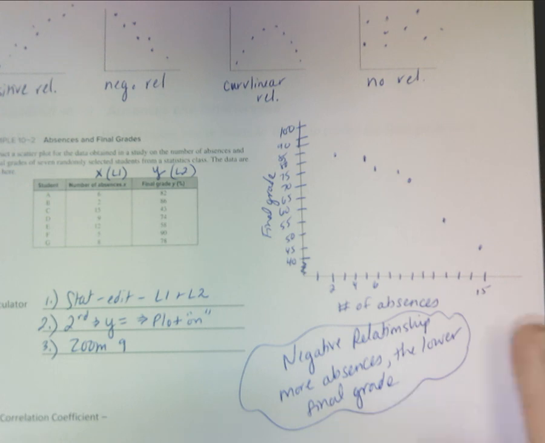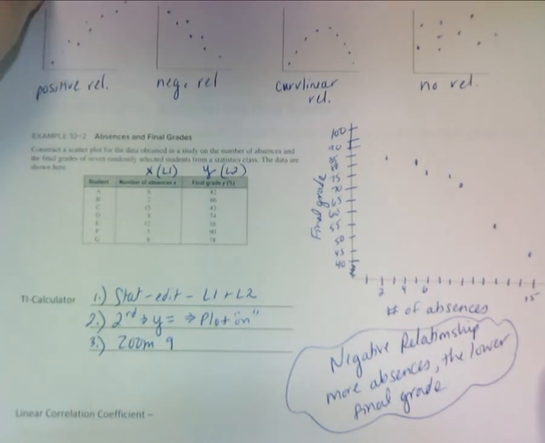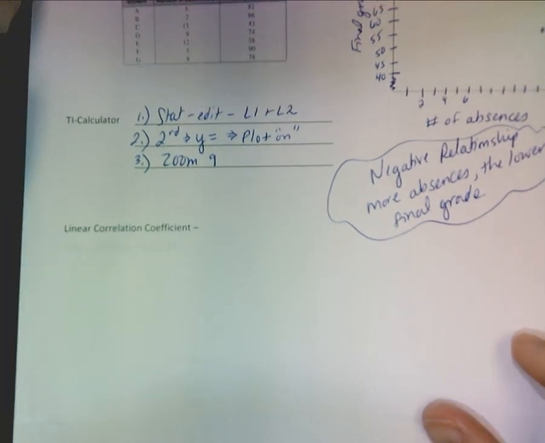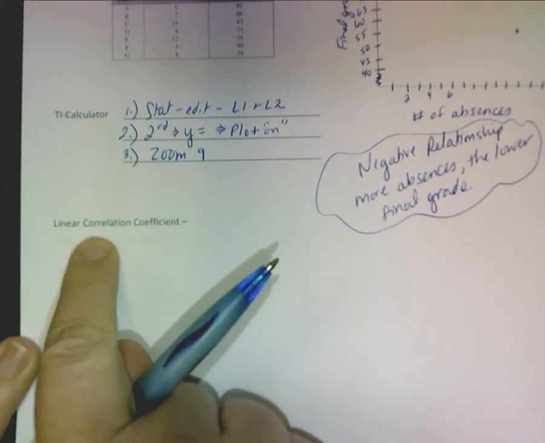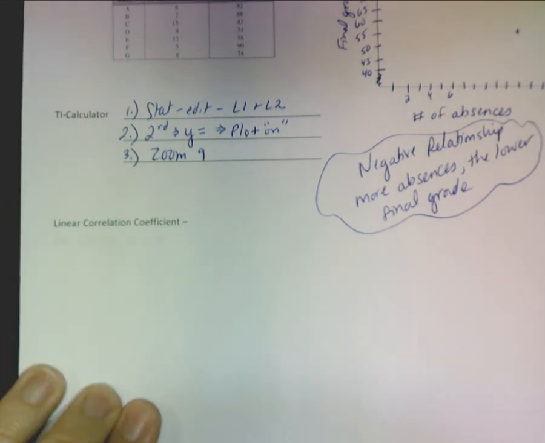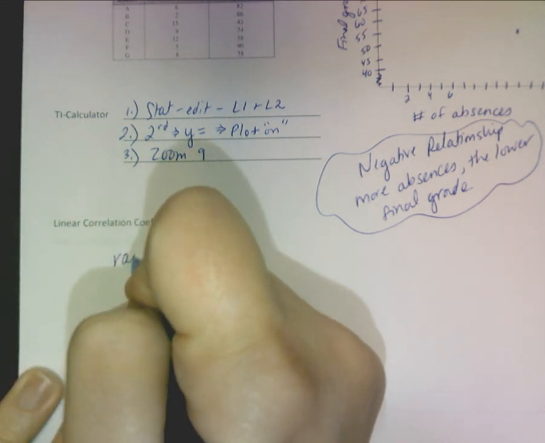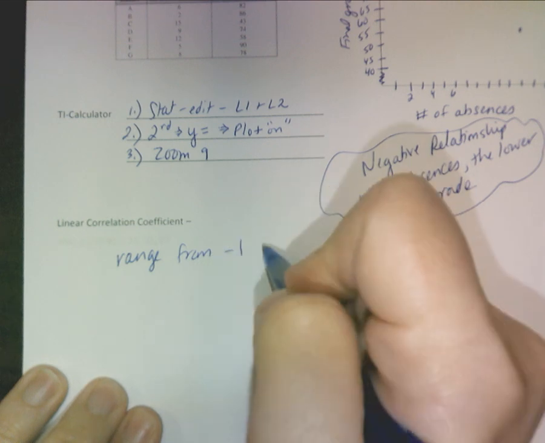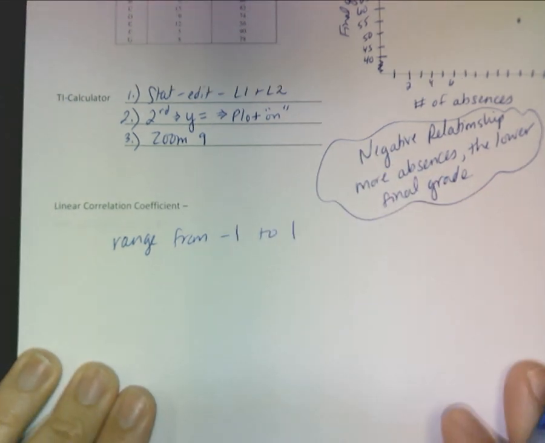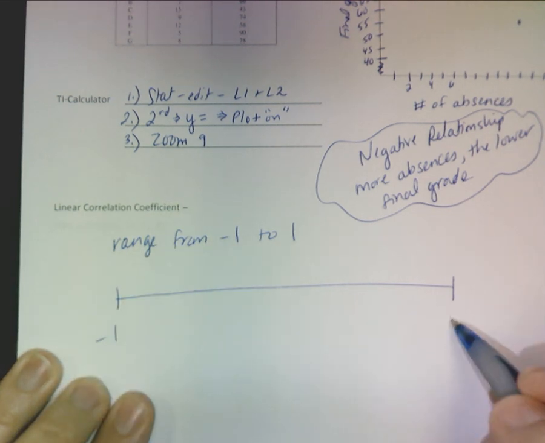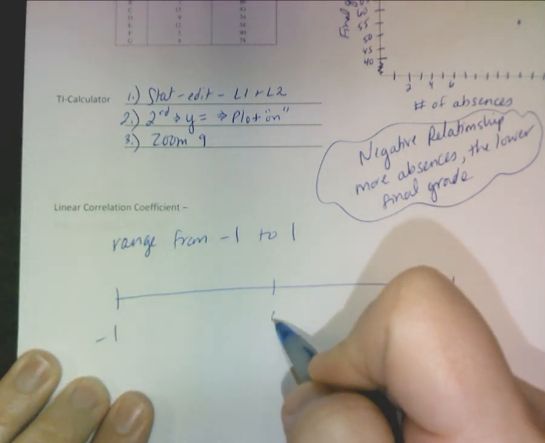Now, let's just talk about this correlation because we're going to find out that there's a special number that we want to look for. It's called the linear correlation coefficient. I'm going to show you how to get it on your calculator. There's a mathematical way of getting it, but we could just let our calculator do the work. The range for this linear correlation coefficient is from -1 to 1, and obviously in the middle would be 0.